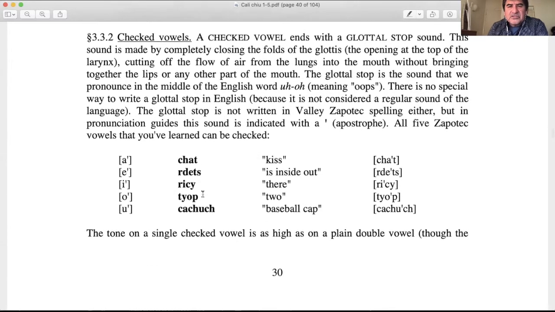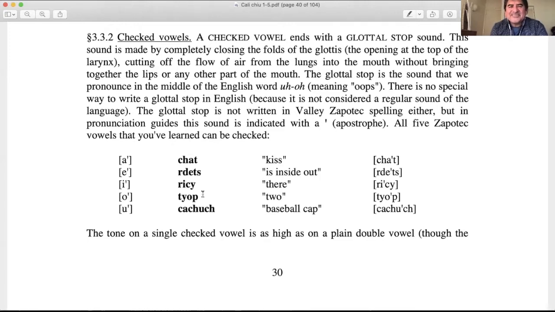So you can appreciate how that is pronounced in Zapotec, I'm going to say these 5 words for you, so hopefully you can hear the glottals. For the A, which is kiss, in Zapotec is chat.